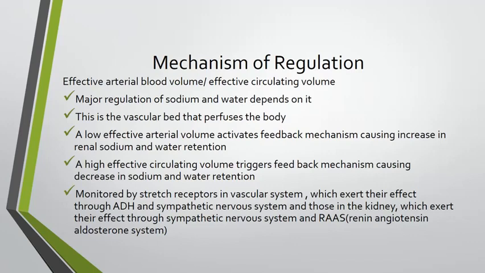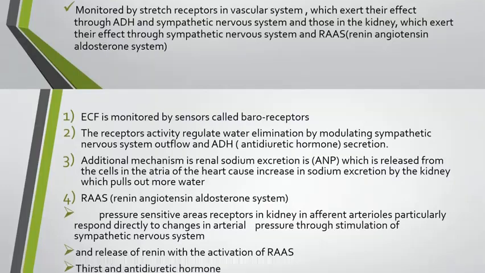It is monitored by stretch receptors in the vascular system, which exert their effect through ADH and the sympathetic system, and those in the kidney exert their effect through the sympathetic nervous system and the renin angiotensin aldosterone system.